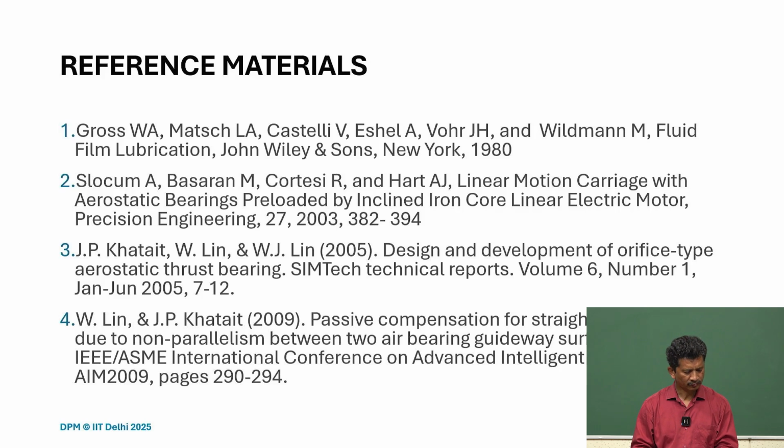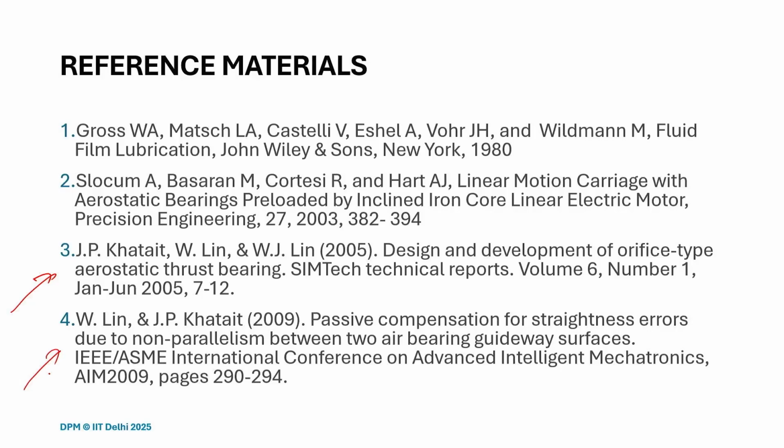So just to give more insight, you can always refer to these two articles, easily available. Whatever I presented today, or in the previous class, is from these two. It's already in the public domain. There is a lot of work by Professor Slocum in precision machine design that you can find.